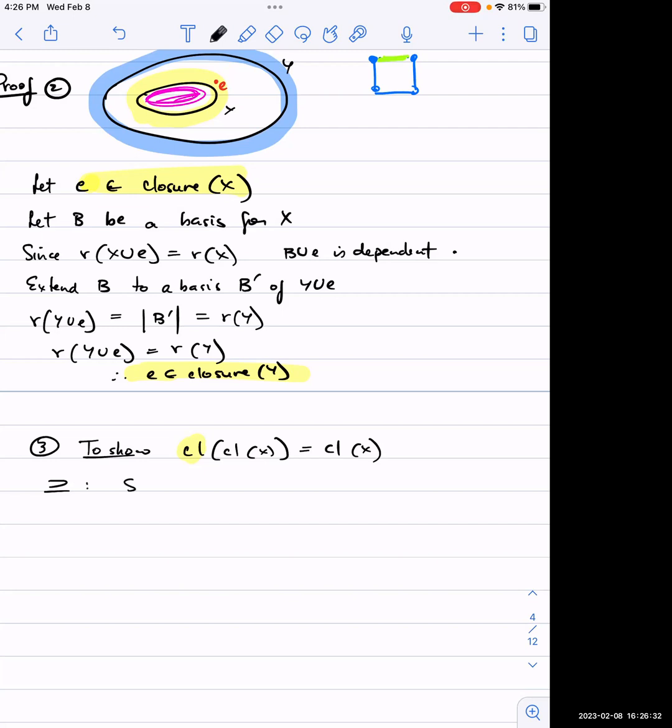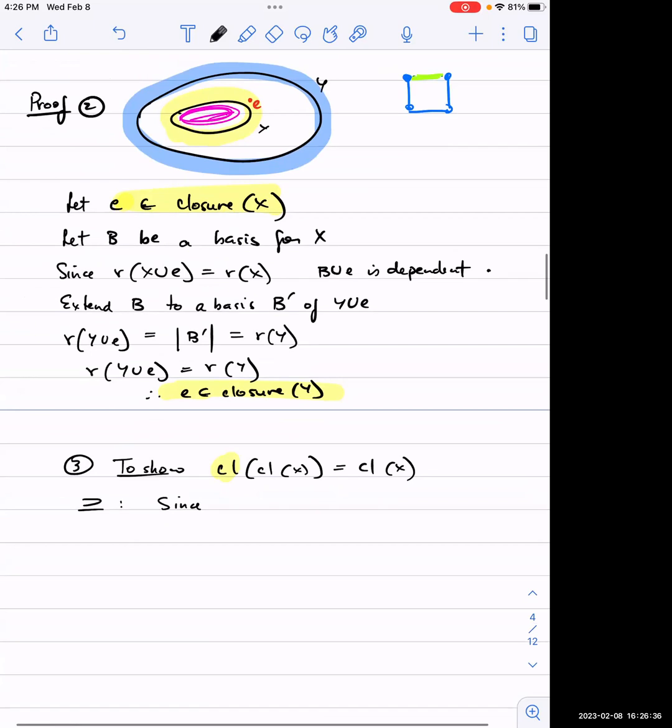Since X is contained in the closure of X, right? Closure of X is a subset of closure of closure of X. That's it. And then the other direction.